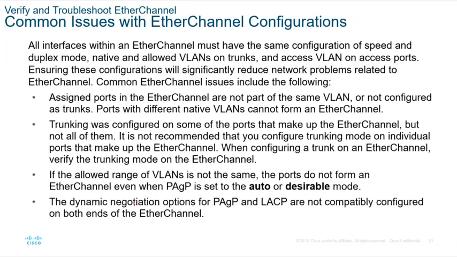So, common issues with EtherChannels, things that you need to check as you troubleshoot in case you're not getting the expected results. Assigned ports in EtherChannels are not part of the same VLAN.